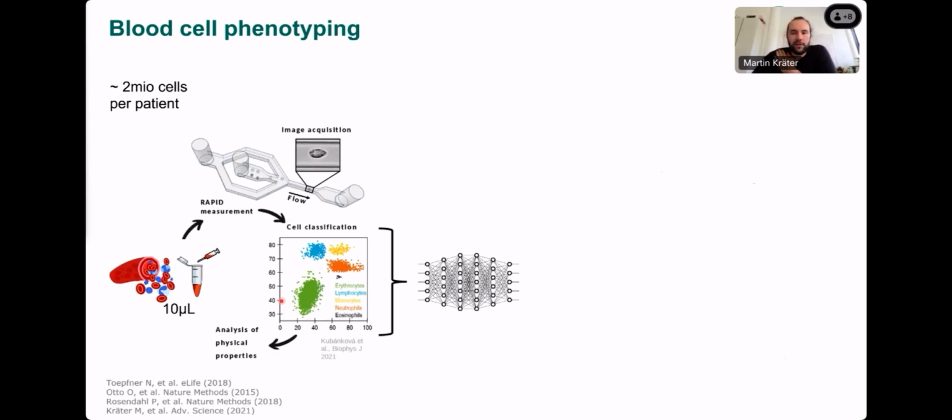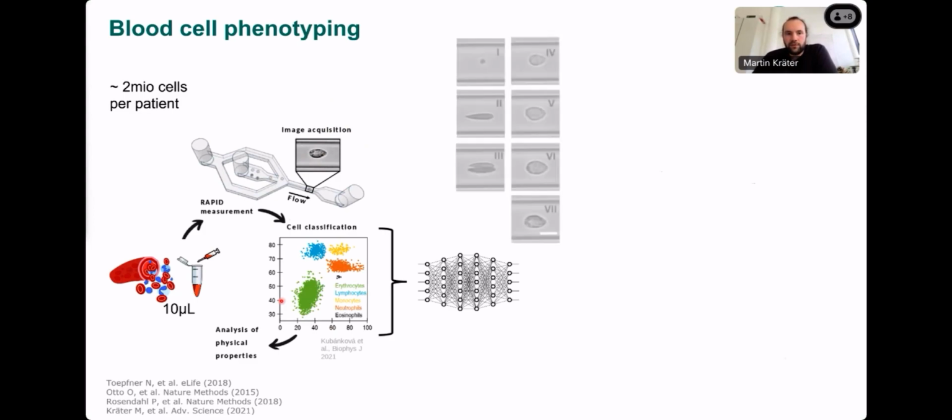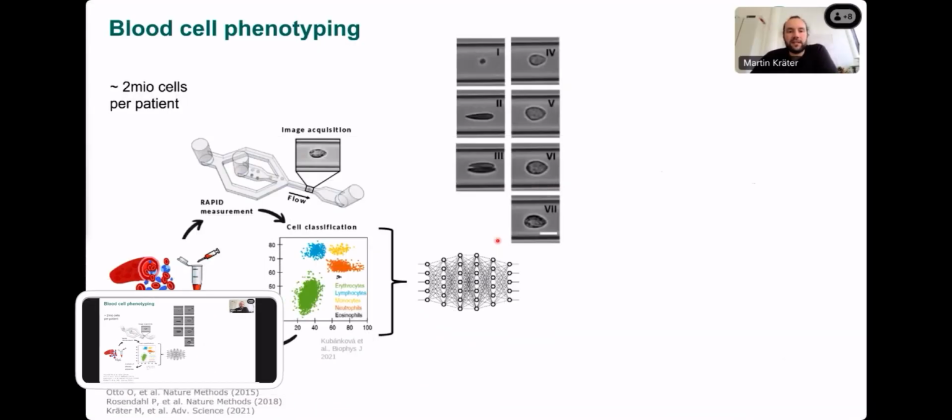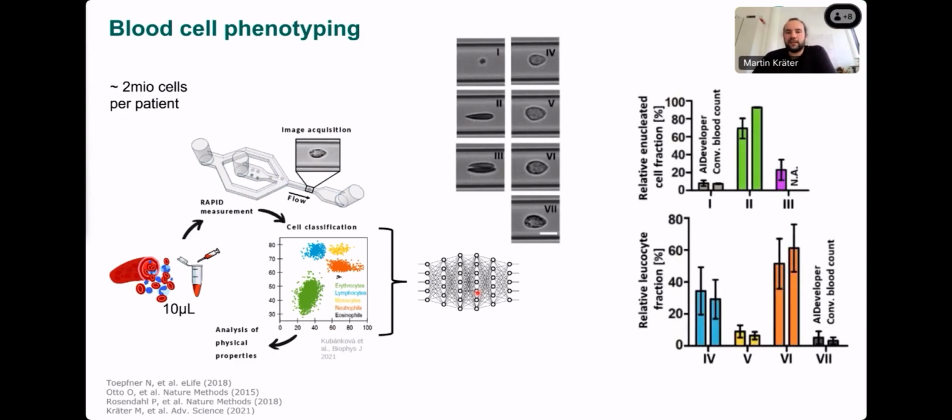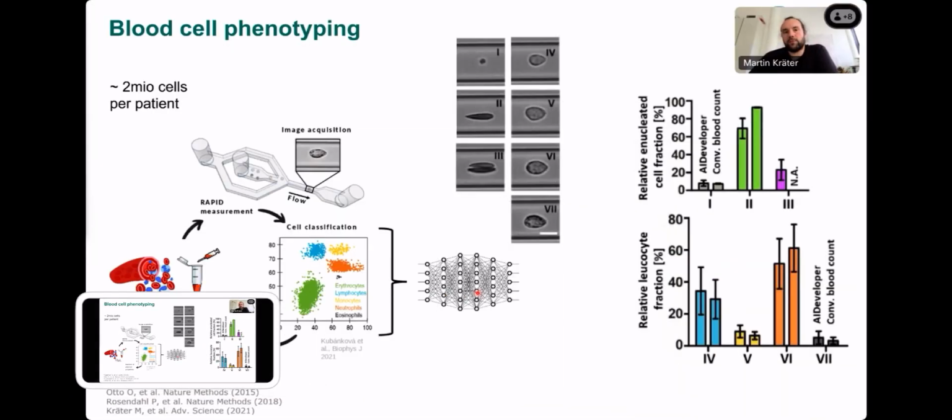These are from the deformation, as I told you, the area, the volume, but also surface roughness and light transmittance. With all this information and a picture saved of all these cells, we can use artificial intelligence algorithms, so neural nets basically, to do the classical blood count, for example.